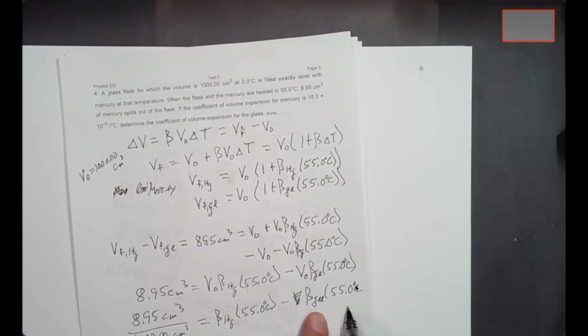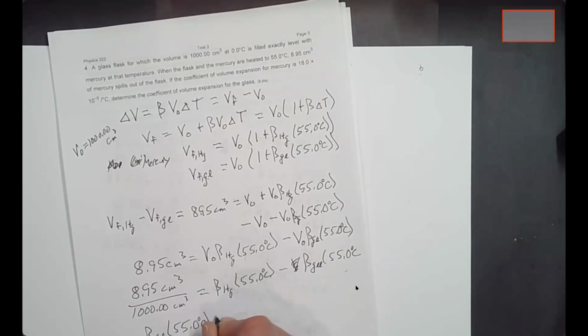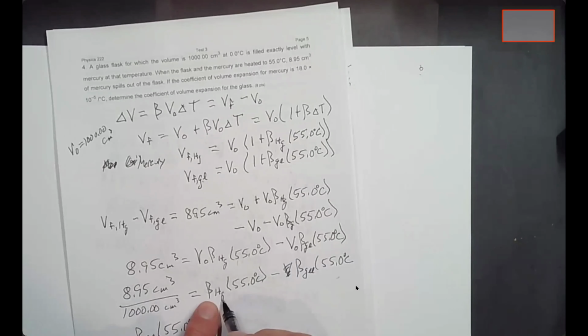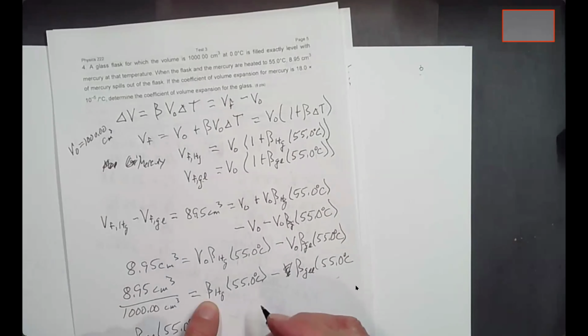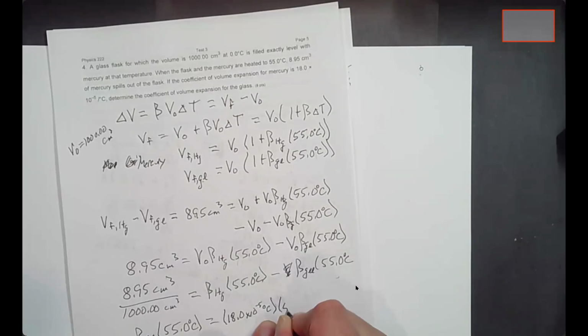And I think if I bring that over, beta for the glass times 55.0 degrees Celsius is going to equal this thing. And I'm going to plug in a number for that now. Beta for the mercury is 18.0 times 10 to the minus fifth per degree Celsius, times 55.0 degrees Celsius.